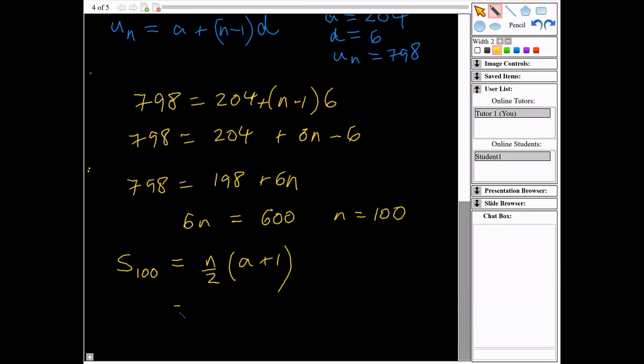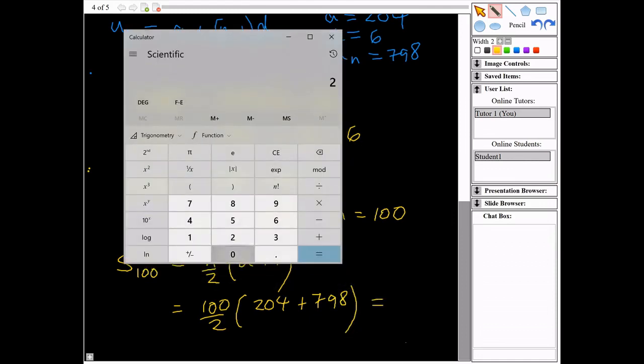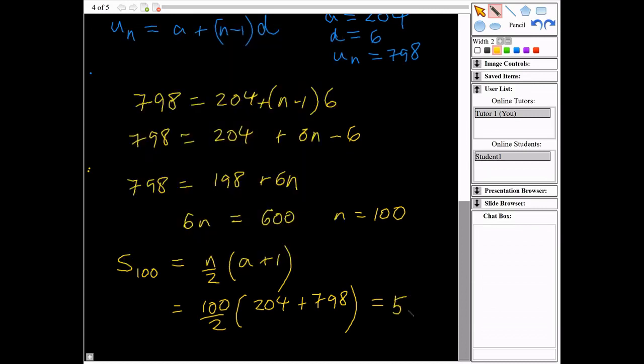So it's going to be 100 over 2, and then 204 plus 798, and then multiplied by 50. So that's 50,100. Okay, so that means that the sum of all of the numbers which are in the 6 times table between 200 and 800 is 50,100.